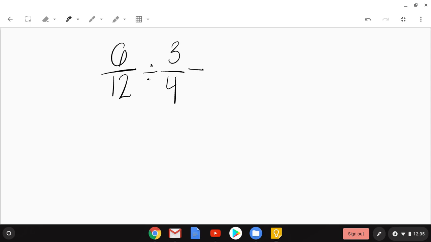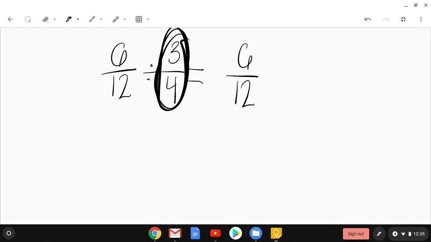So I'm going to change this into a multiplication problem. Whenever I use the reciprocal of this fraction, I'm changing it to a multiplication problem. So I can do 6/12 times 4/3.